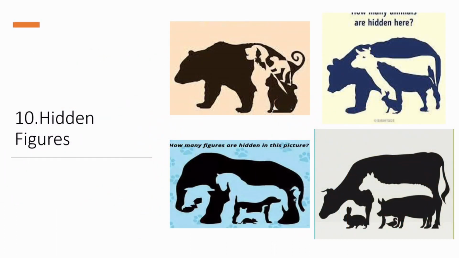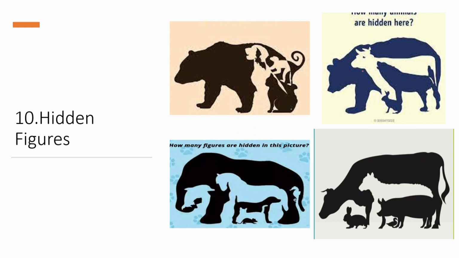See, we can see a whole big figure outside, but inside that there are different figures, different animals here. Here this is a bear, but inside that we can see a monkey, a bat and a dog, right?